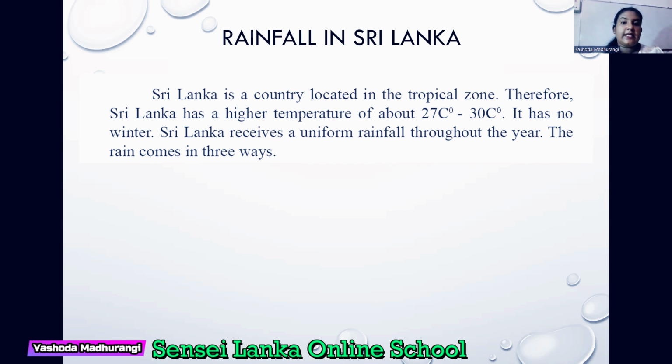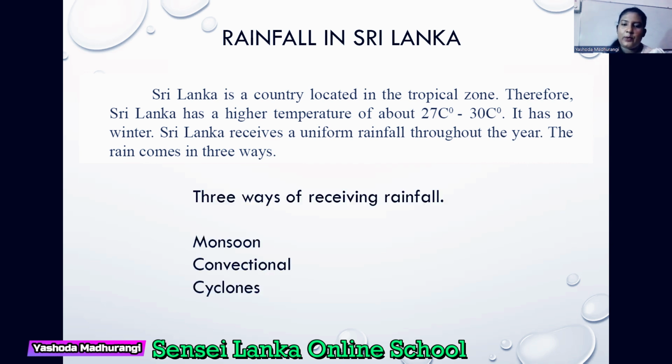Sri Lanka is a country located in the tropical zone. Therefore, Sri Lanka has a higher temperature of about 27 to 30 Celsius. It has no winter. Sri Lanka receives a uniform rainfall throughout the year. Uniform, equal rainfall. The rain comes in 3 ways.